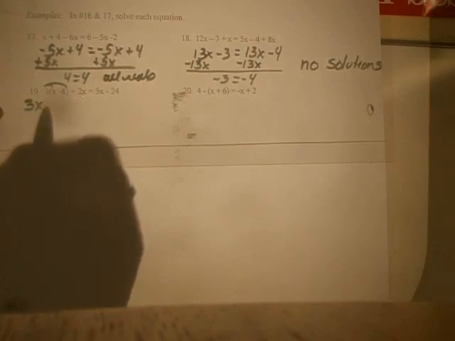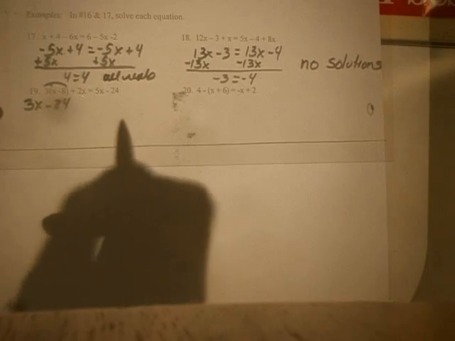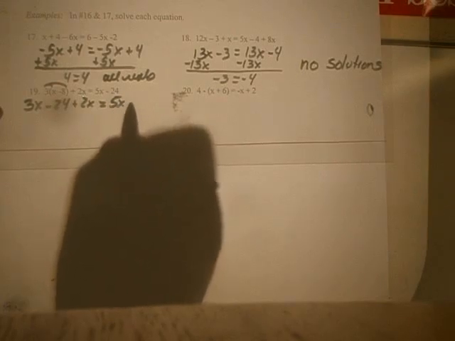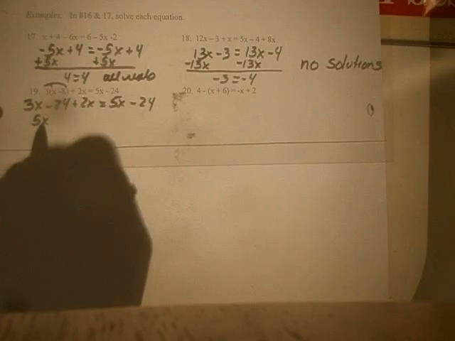Number 19, when we distribute, you will have a 3x minus 24 plus 2x equals 5x minus 24. 3x plus 2x is 5x.